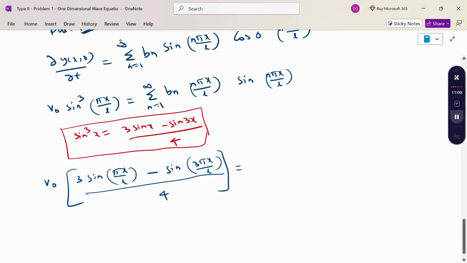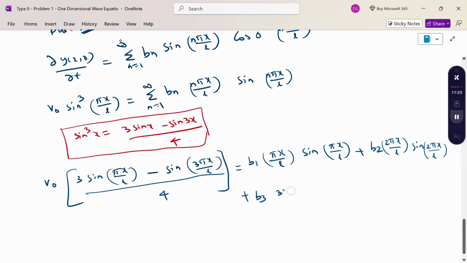This equals the expansion for n equals 1, 2, 3 and so on: b1 sin(pi x by L) plus b2 sin(2 pi x by L) plus b3 sin(3 pi x by L) and so on.